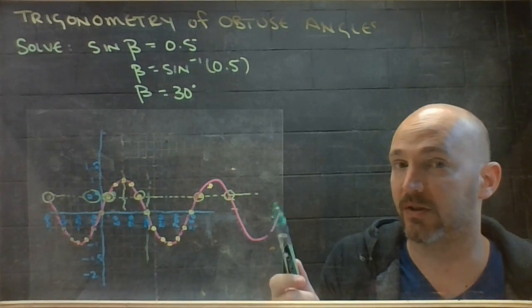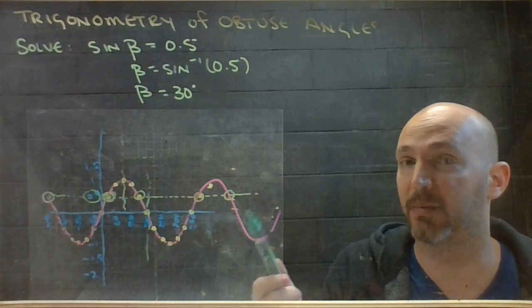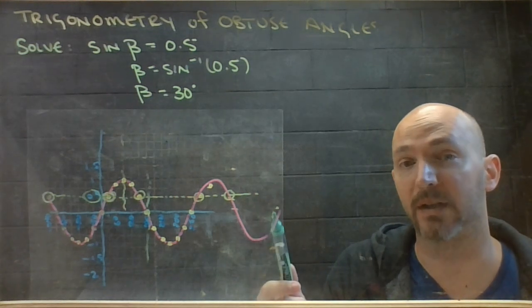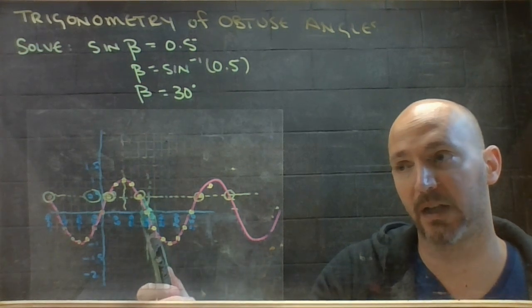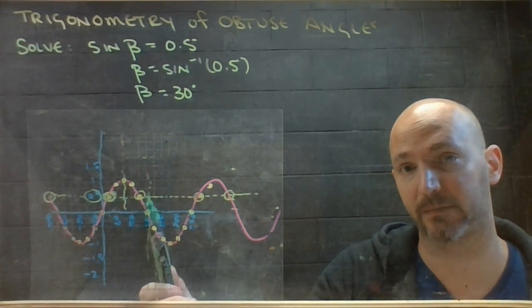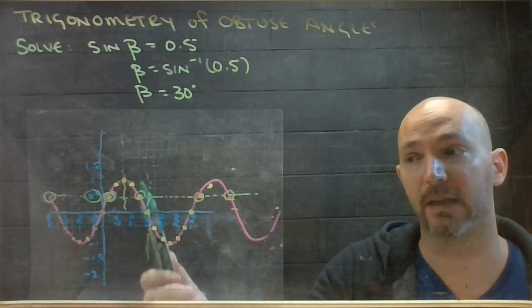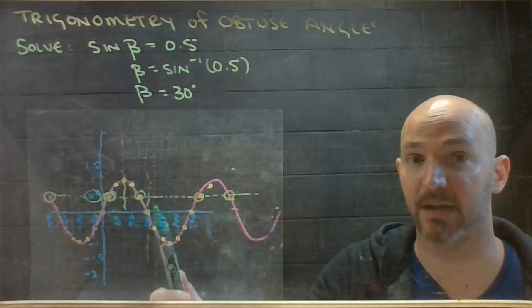The limitation of your calculator is that it only spits out one number. It isn't going to give you the other answer. So you have to think about how you're going to find this one. Now it's just a matter of symmetry.